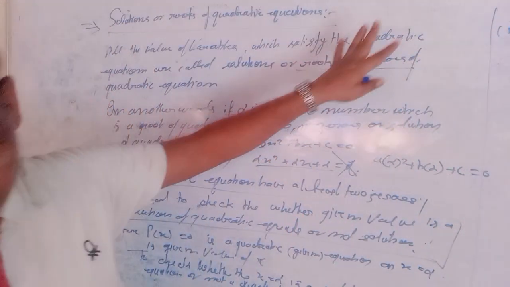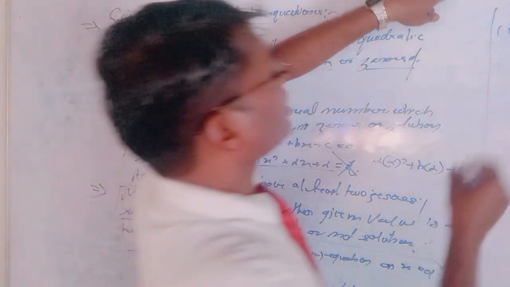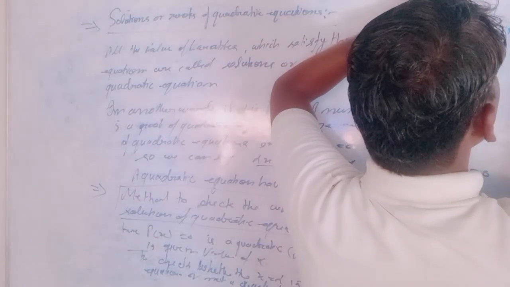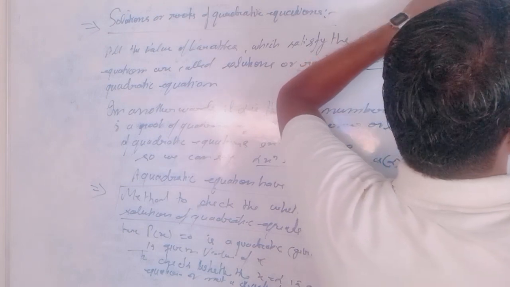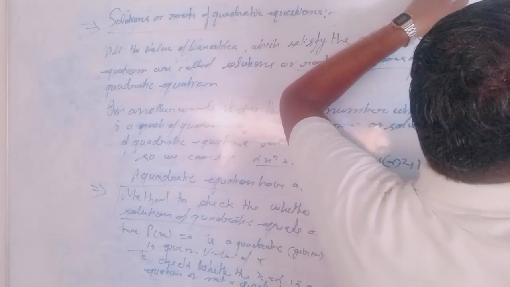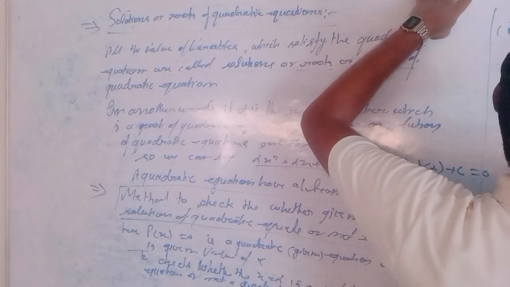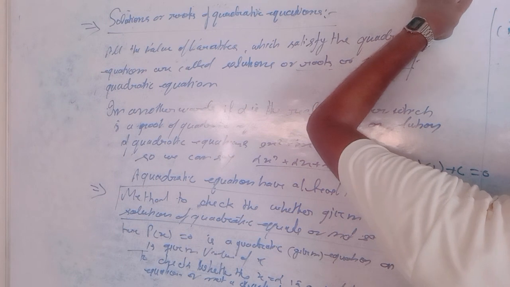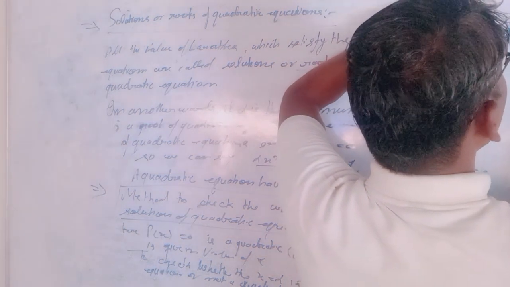The first step is to write the given equation in the quadratic form p(x) is equal to 0, if it is not given in quadratic form.